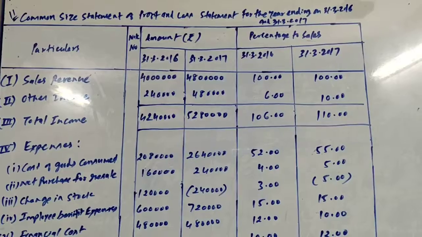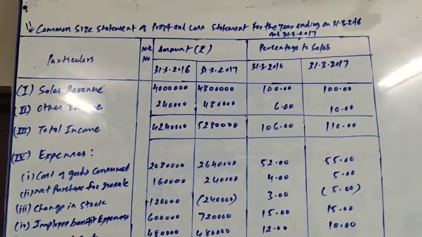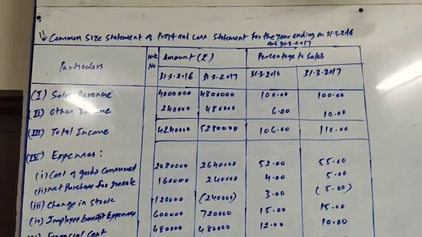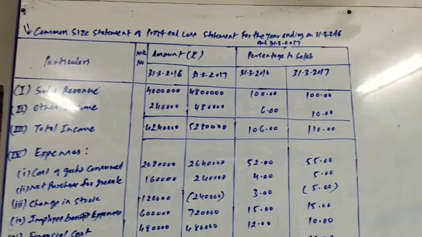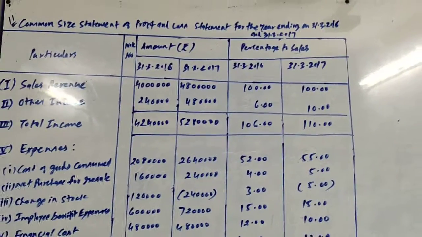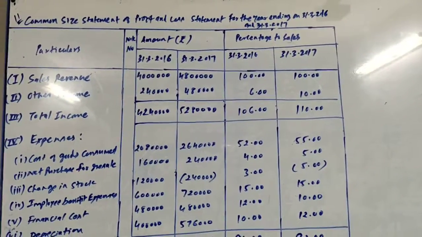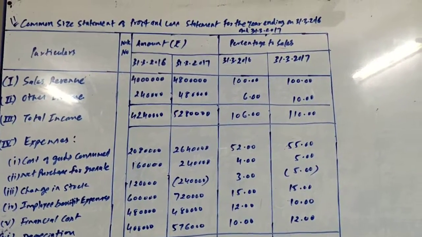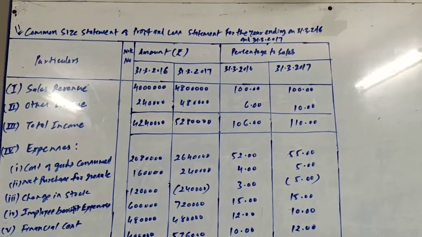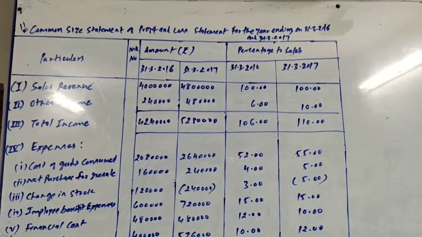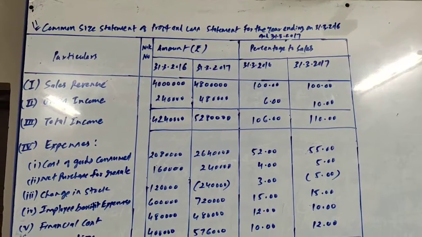The previous year column will be first, that is 31/3/2016, and then 31/3/2017, which is the current year. The next 2 columns in this common size statement will be percentage to sales, and both the years will be mentioned, 31/3/2016 and 31/3/2017. Okay, so let us begin with the sum.